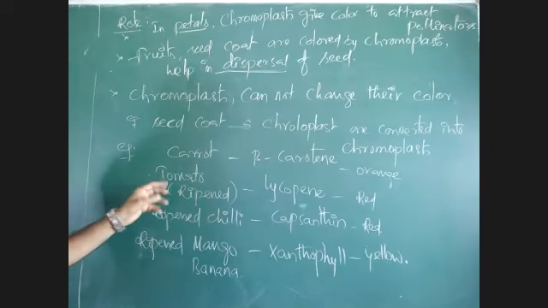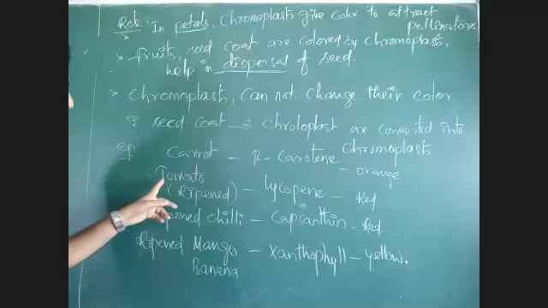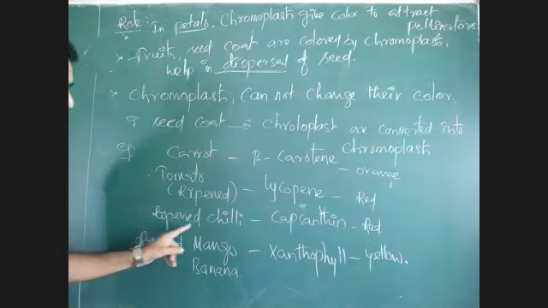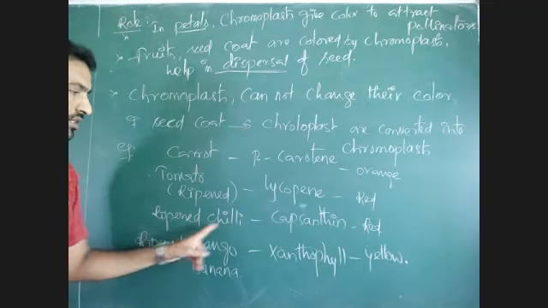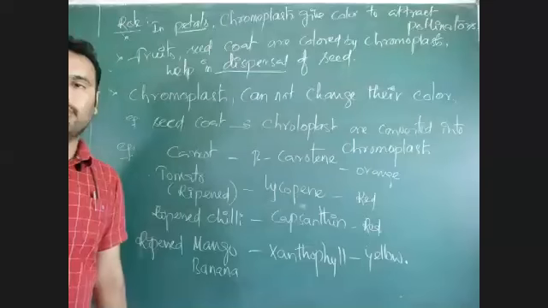Ripened tomato means red color tomato. Green color tomato is unripened, raw. Ripened means that it is converted into red color. Ripened chili, red chili, has a pigment called capsaicin.